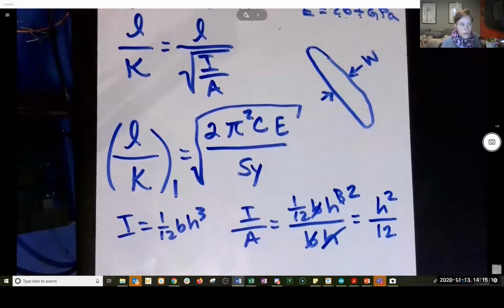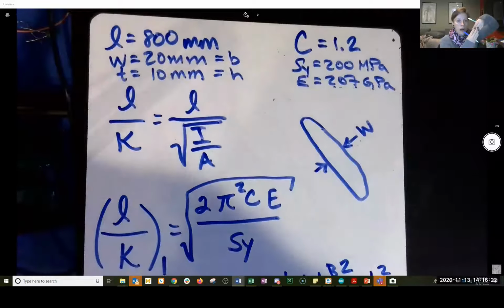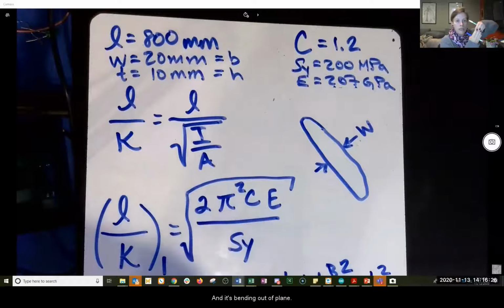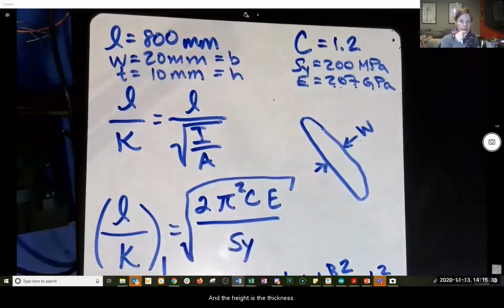Can you go over how you're defining the B and H on those? I'm just not seeing in my head why it's that way. Oh, it's because it's out of plane. So it's wide and thin and it's bending out of plane. So the base is the width and the height is the thickness.